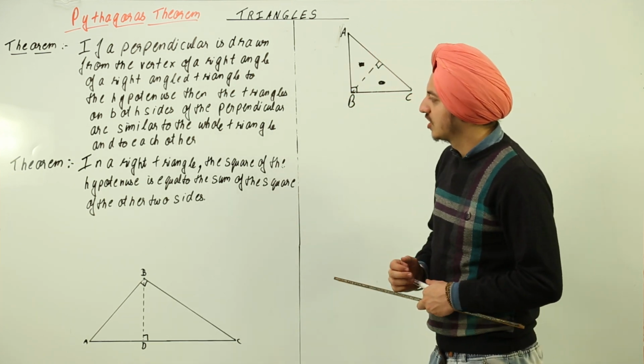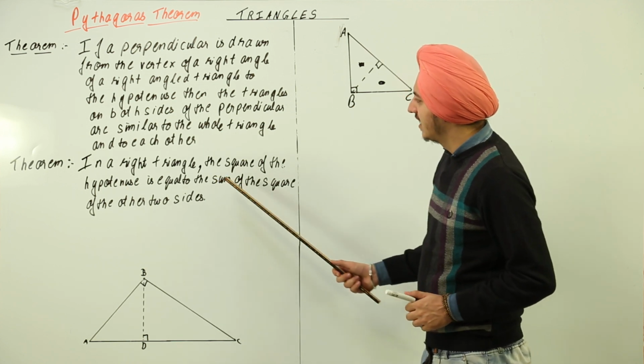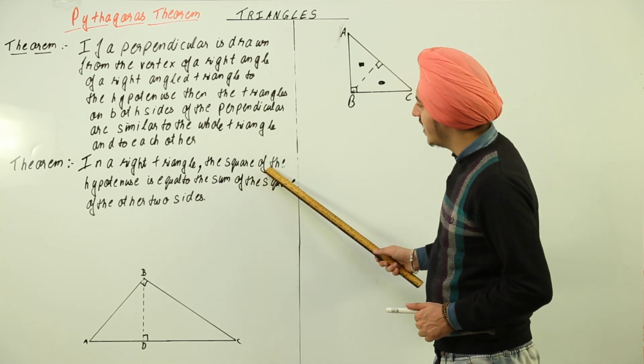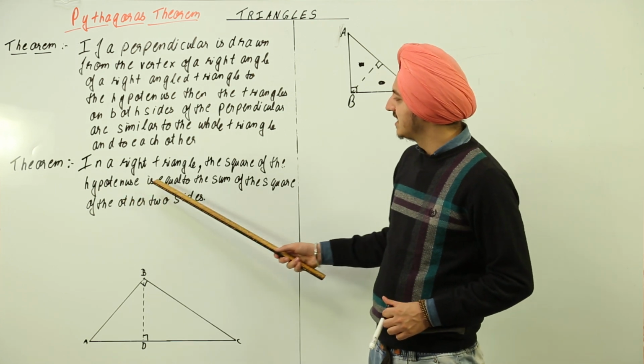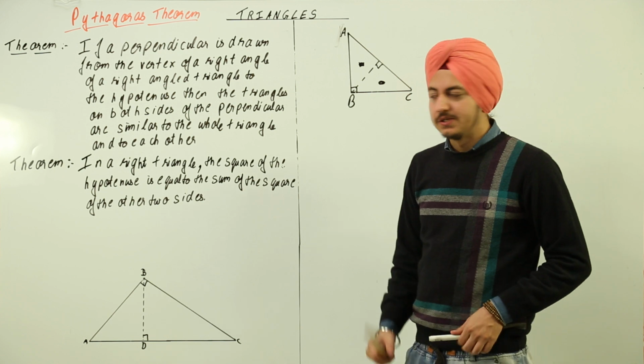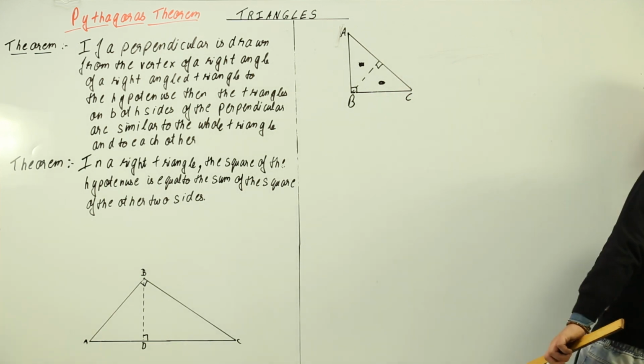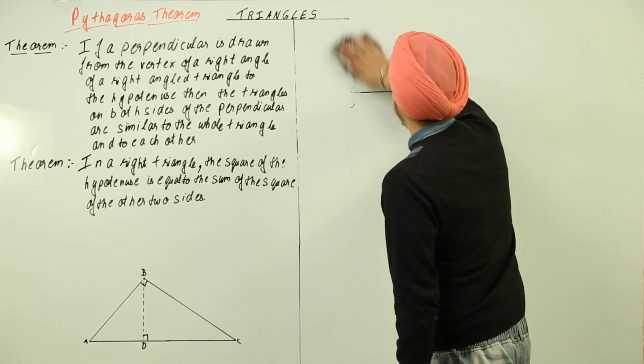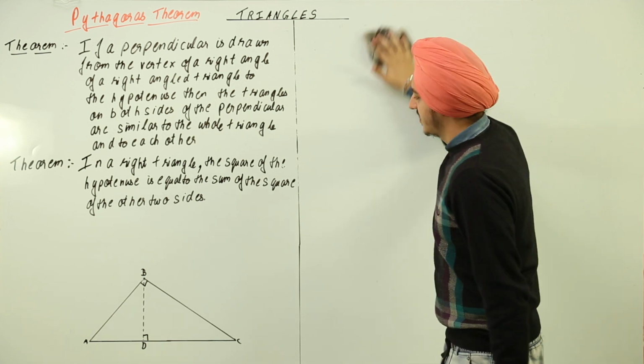Now what does the Pythagoras theorem say? In a right triangle, the square of the hypotenuse is equal to the sum of the squares of the other two sides. Now let's come to that. First of all, look at this figure.